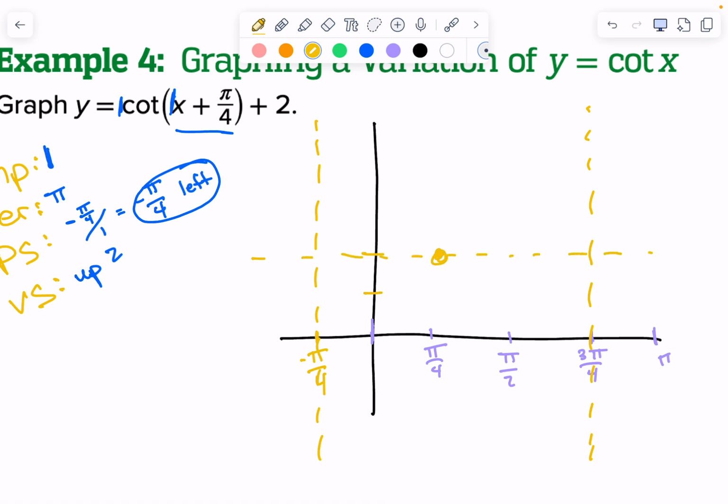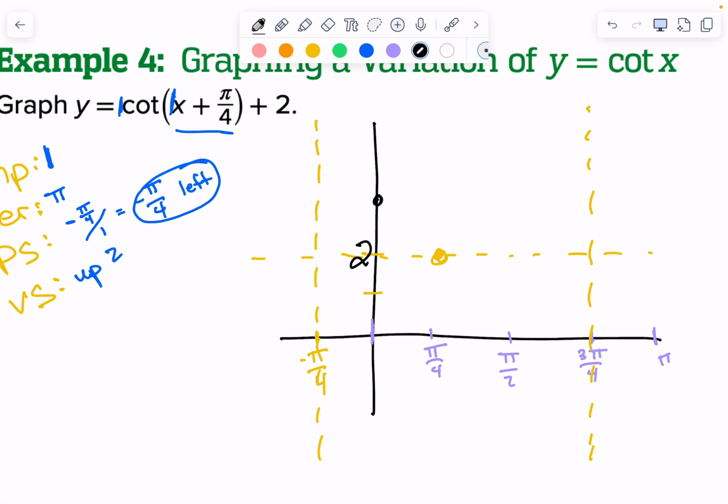And from there, so here's 2. From that dot, my amplitude is 1. So at pi over 2 right here, he's going to be up at 3. And here, he's going to be at 1. Do you see how that works? Oh, wait. I lied.